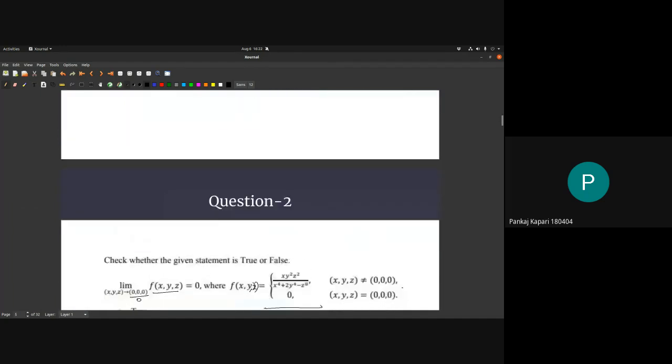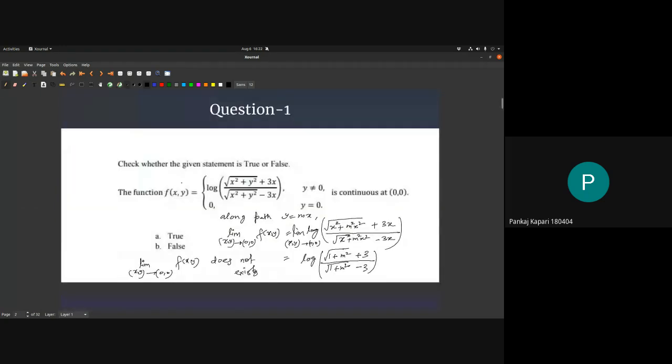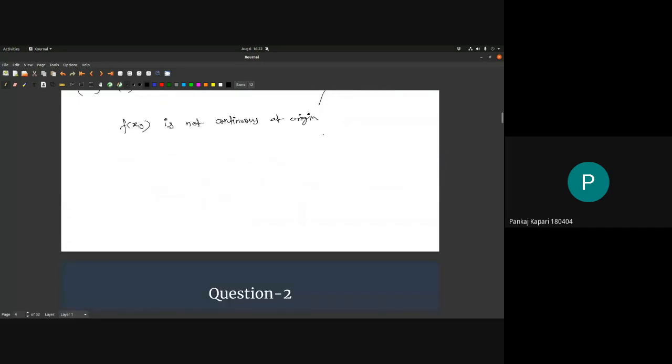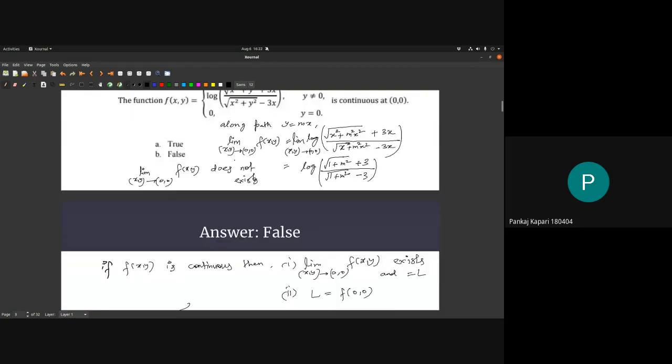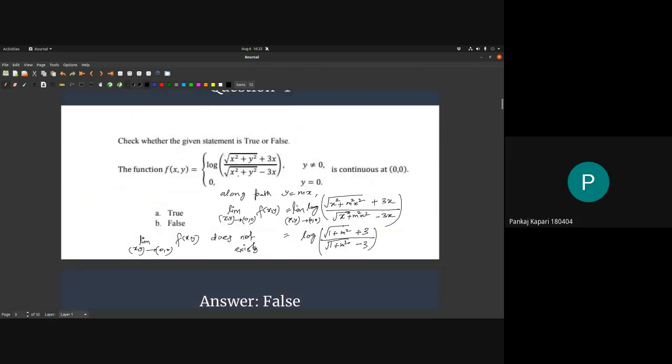If you see, let's take the first function. So if you find its limit at any other point, let's say x comma y goes to 1 comma 1 of the function f of x y, right? Now you can see that the function is defined at 1 comma 1.